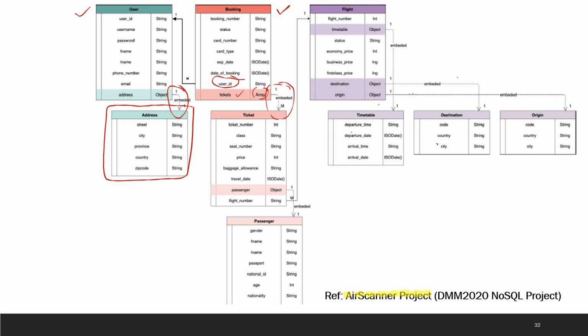So a booking has many tickets, and each ticket is in this structure. Okay, so this is just an example of how we can make a document model design.